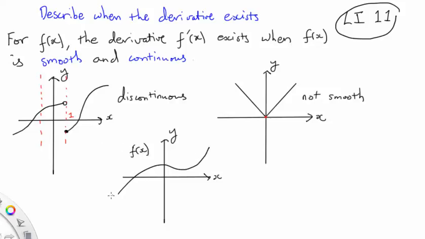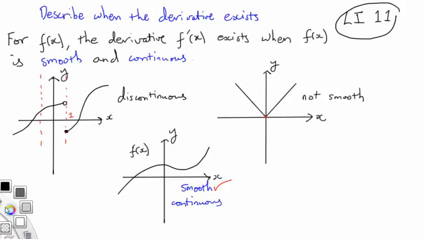Is it smooth? Well, let's follow through. There are no cusps, there are no sharp points. So yeah, it passes the smooth test. We like the curve, smooth. Is it continuous? Well, there's no breaks, so it's continuous.